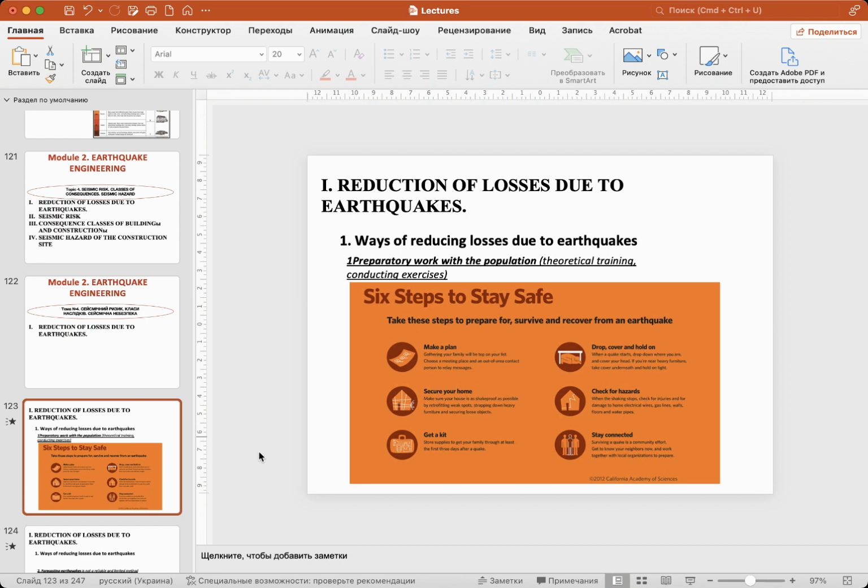First of all, you have to know what to do when the earthquake starts. Everybody has heard that it is very important during an earthquake to run out of the building, or if it isn't possible, to find a load-bearing wall, find an opening in that load-bearing wall, for example a door, and stay in that door opening during the whole earthquake.